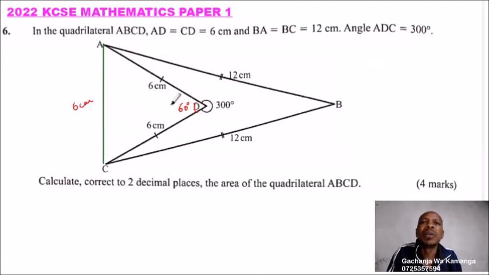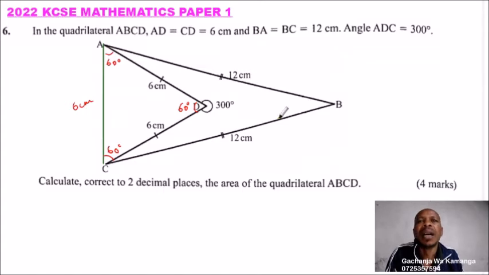Why? Because if this angle is 60, these two angles are 120. It means that angle is 60 degrees, and also this angle is 60 degrees. So it is an equilateral triangle because all the sides are equal to 6. So that's how you get that angle.